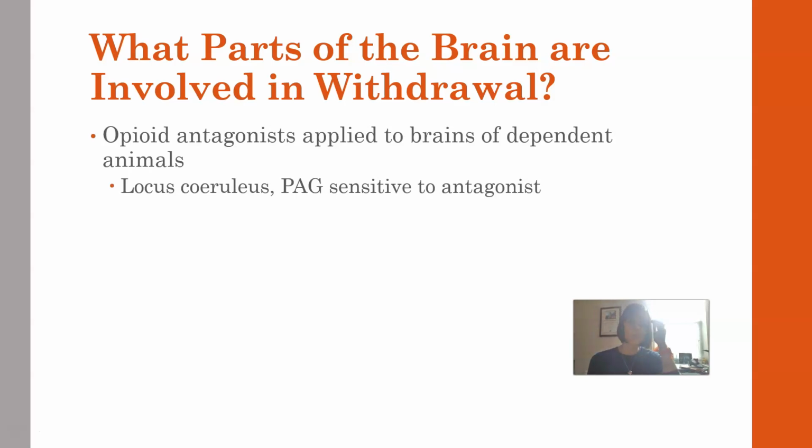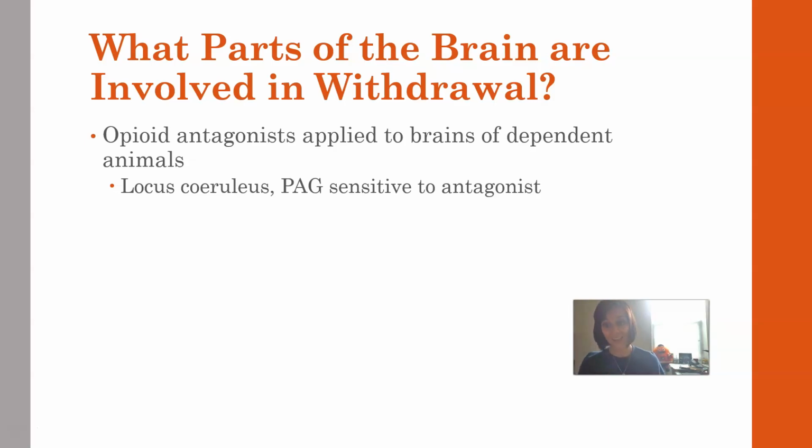So what parts of the brain are involved in withdrawal? And here's what we know. When we apply an opioid antagonist to the brains of opioid-dependent animals, we find that the locus coeruleus, which is where norepinephrine is produced, as well as the periaqueductal gray, are very sensitive to the antagonist.